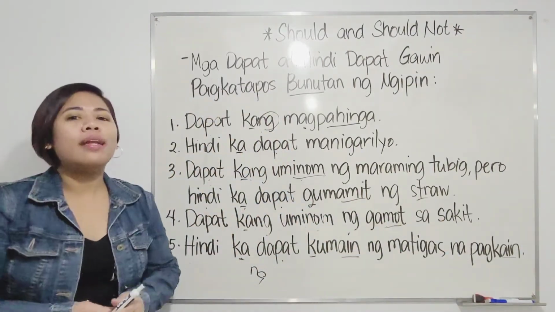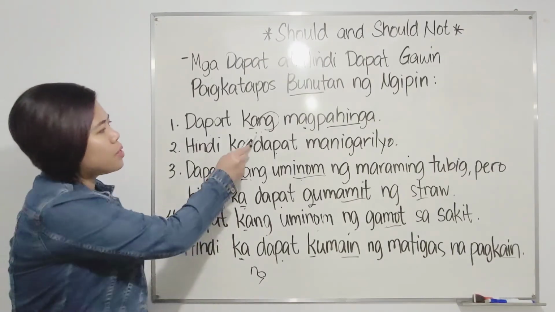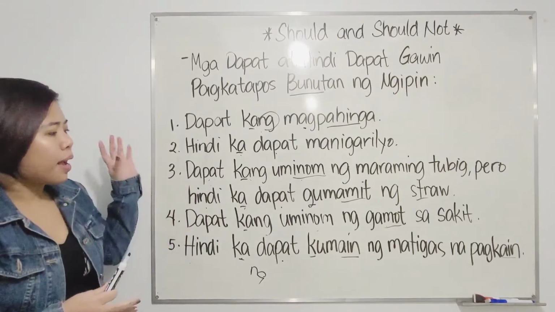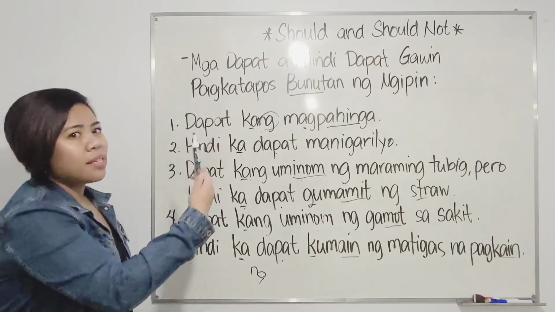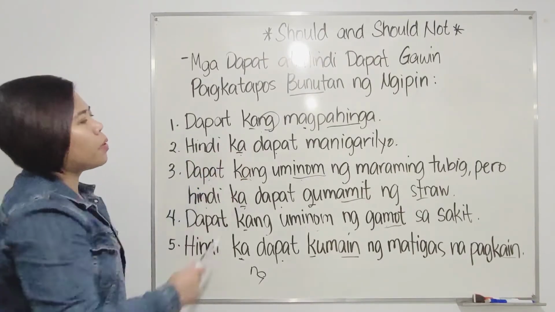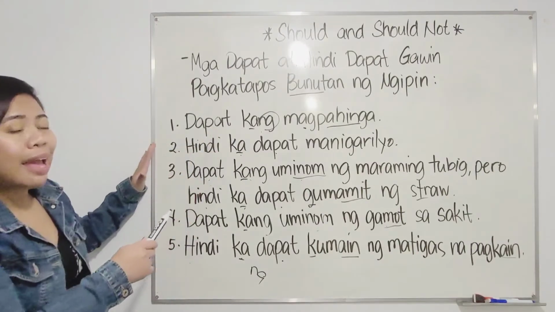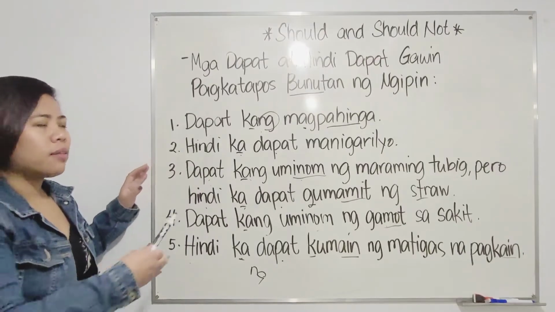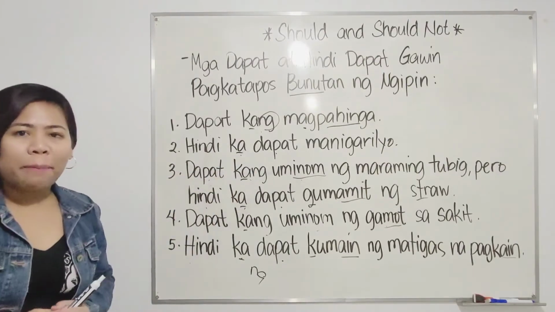Okay, let's go ahead and look at some sentences where we did not use ka, or we did not use a pronoun. So as a summary, we would say that for positive statement, you put your pronoun immediately after the modal verb. And for negative statement, you insert your subject, if your subject is a pronoun, in between the hindi and the dapat.